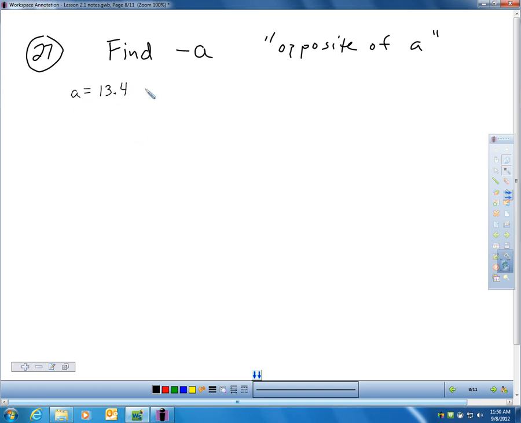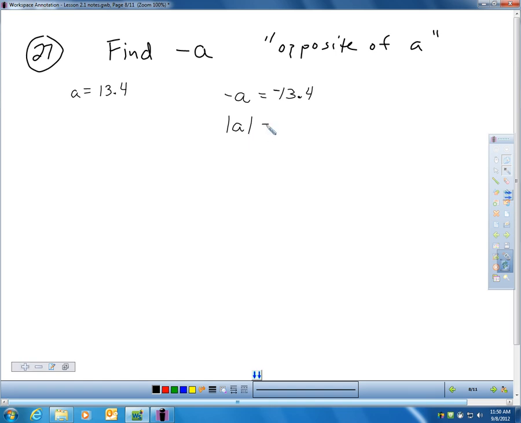Okay, well, let's think about that. What is the opposite of 13.4? Well, the opposite of 13.4 is negative 13.4. So for the given value of A, the opposite of A would equal negative 13.4. Now, the next thing, let's think about in this problem, what's the absolute value of A?